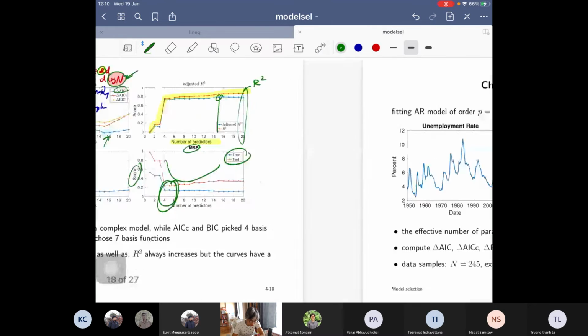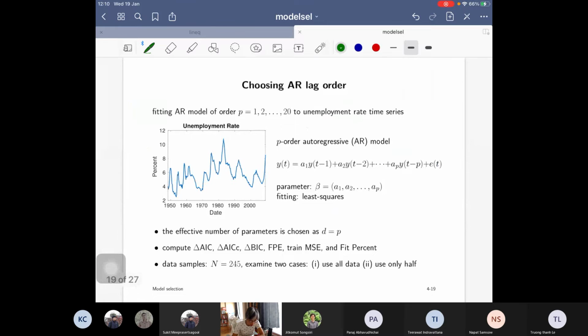Now another example is the time series model. This is autoregressive, described by this equation. I hope you can verify yourself that this model says you want to explain y at the current time by its own historical values: y at step t minus 1, step t minus 2, and so on up to step t minus p.